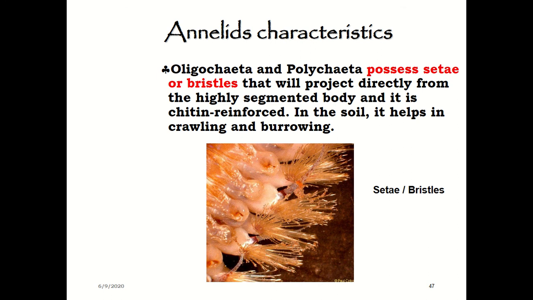For the class of Oligochaeta and Polychaeta, they possess setae, a bristle that projects directly from a highly segmented body, and it is chitin reinforced. In the soil it helps them to crawl and also to burrow.